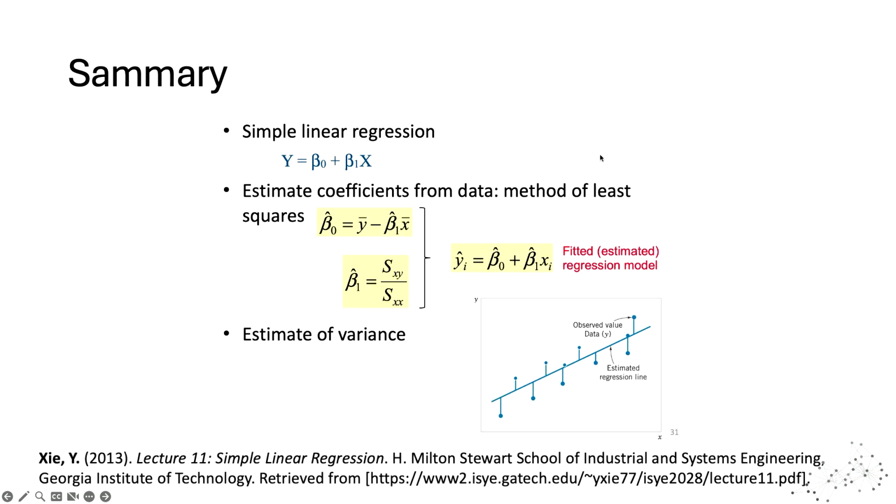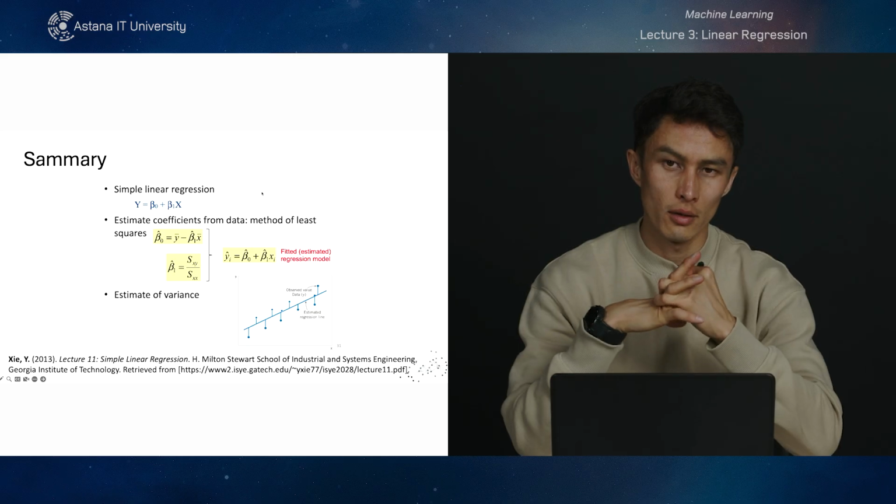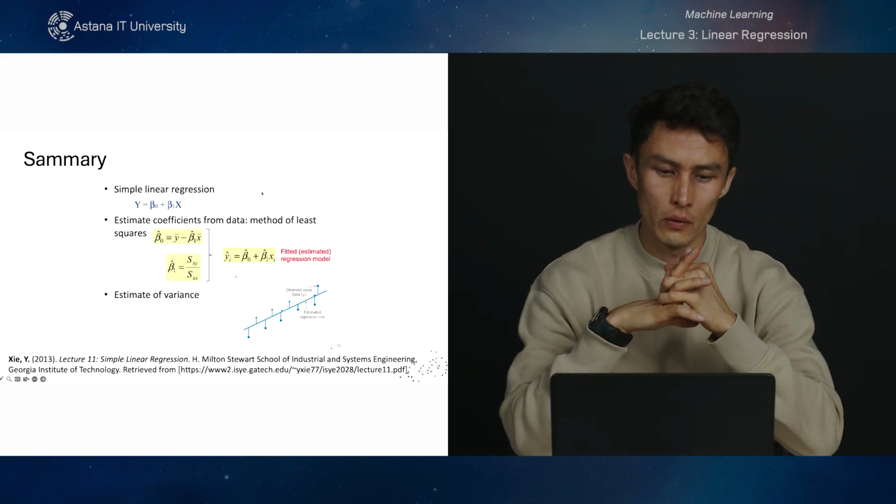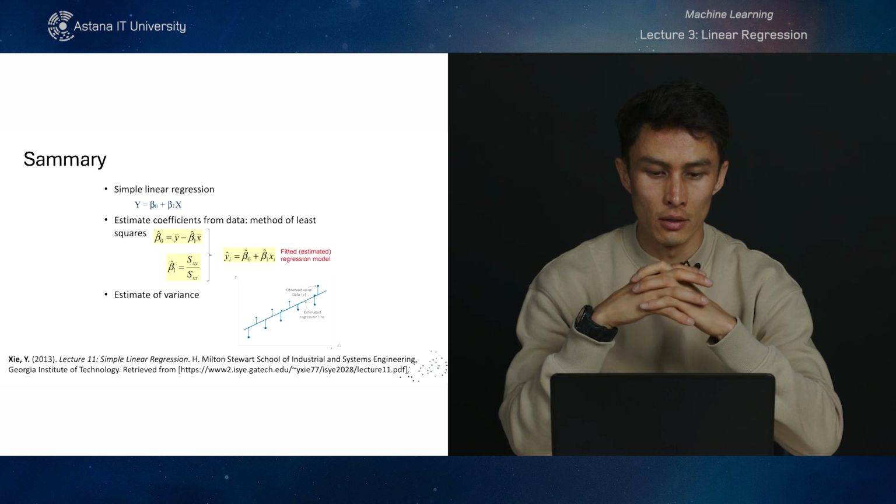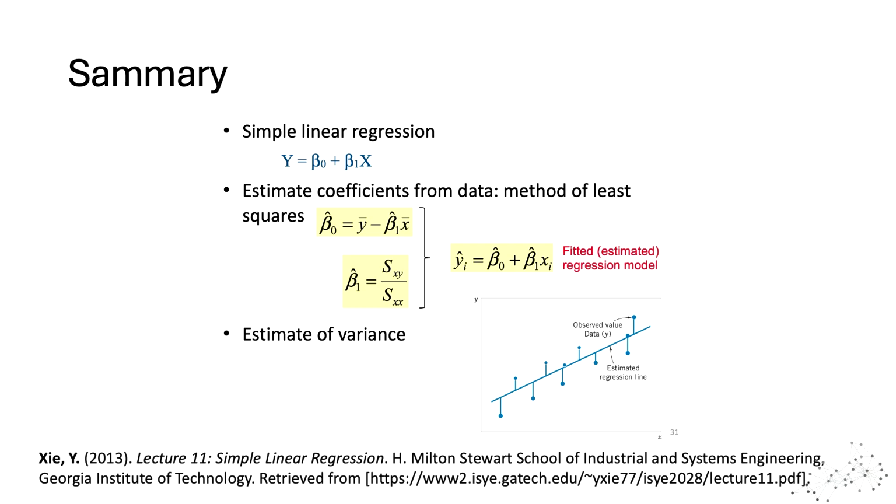So in general, we understood how to find these coefficients in our linear regression model. We already described how we can find coefficients B1 and B0, and using this we can create a linear regression model that can be used to estimate or predict the dependent variable Y given a new independent variable.